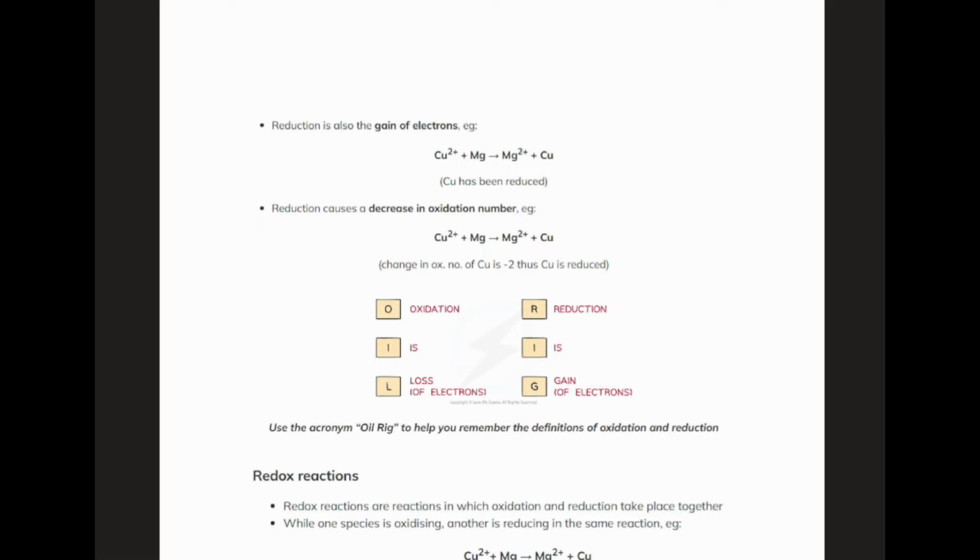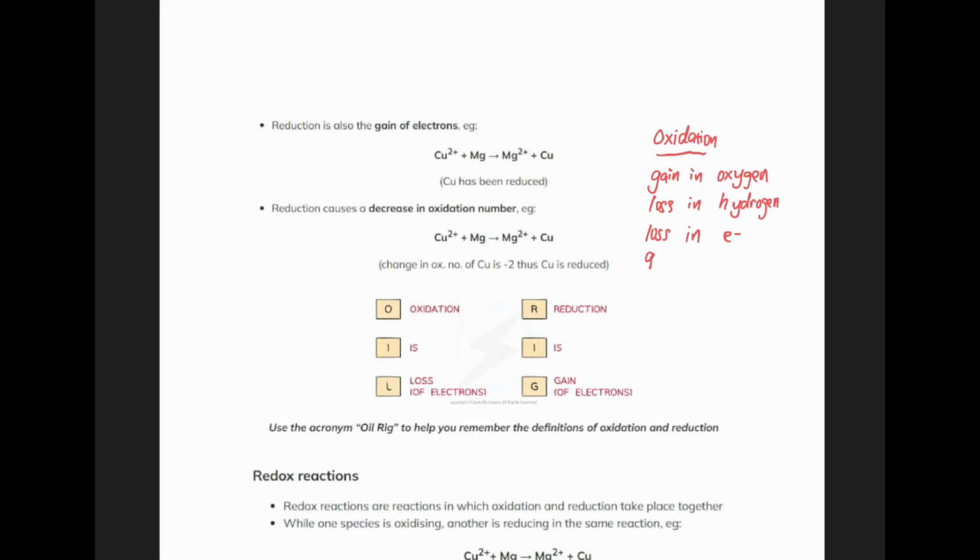How to remember it? Normally, I remember oxidation only. First is gain of oxygen. Then the next one is the other way around, loss of hydrogens. After that, the next one is electrons, loss of electrons.